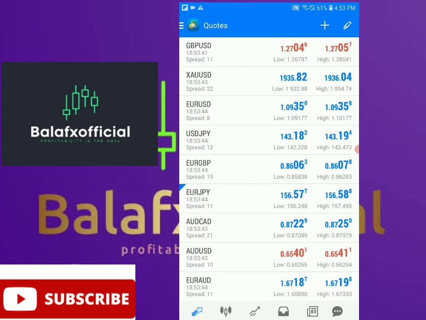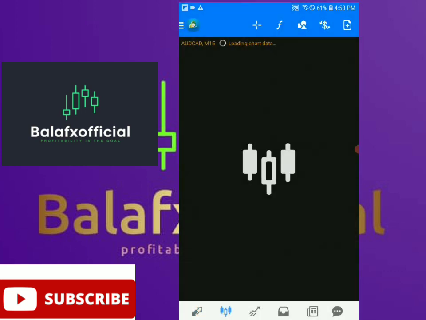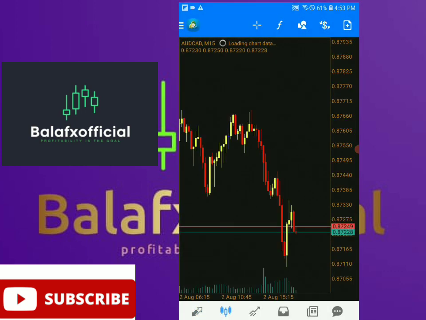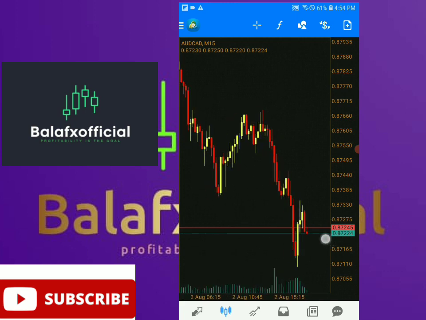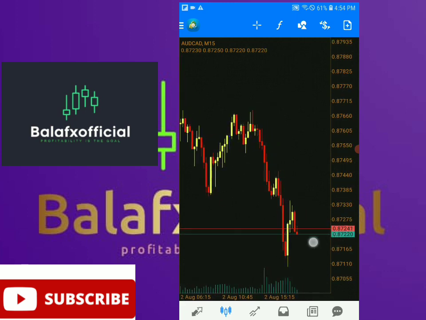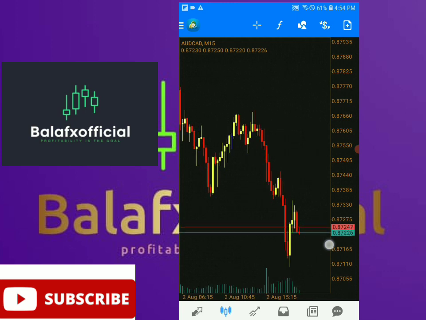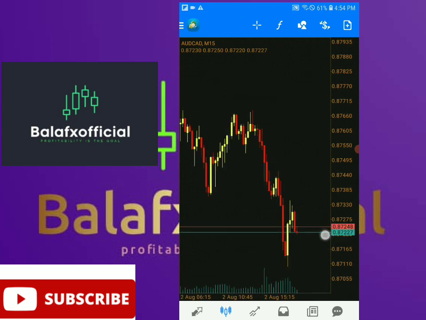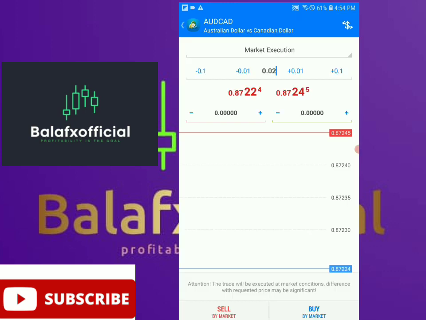If I say market order, let me use another chart and do an example. AUD/CAD, Australian dollar and Canadian dollar. This is the current market price, 0.87220. If I want to place an order now, I can press it.